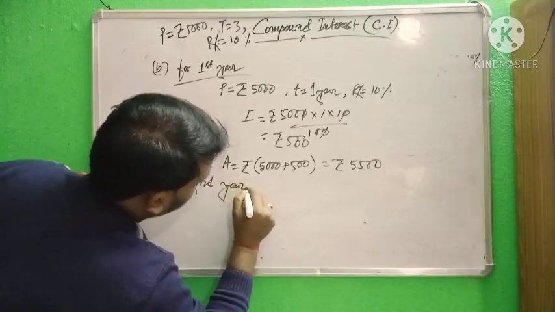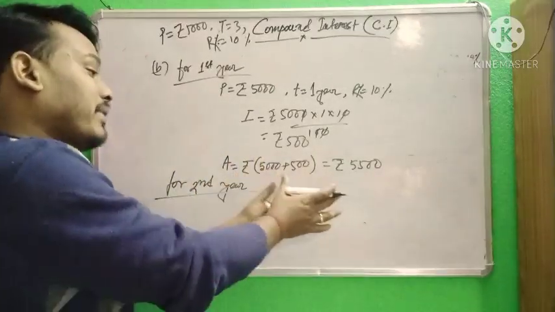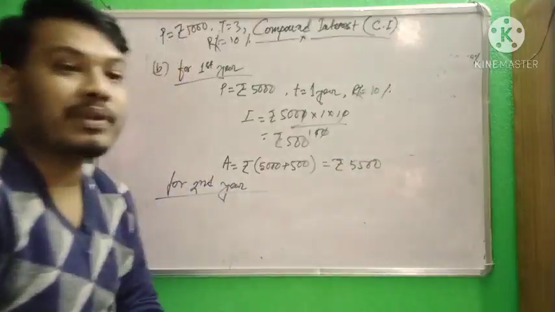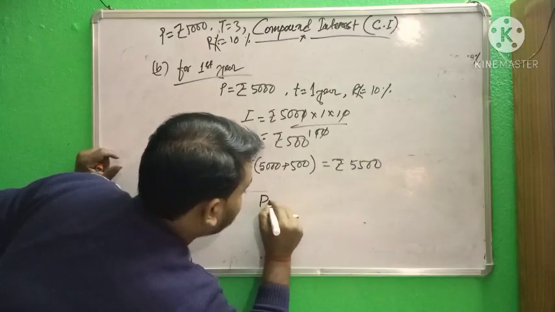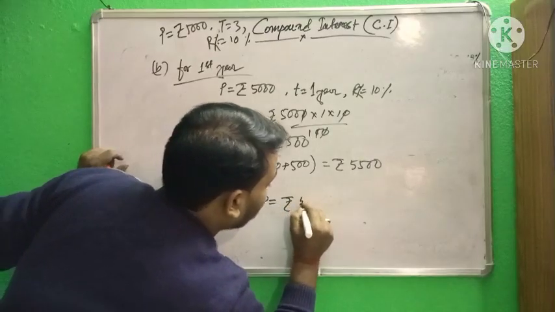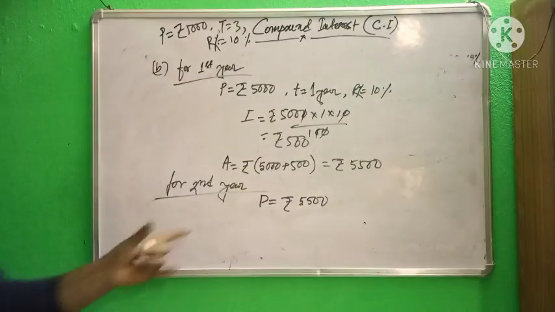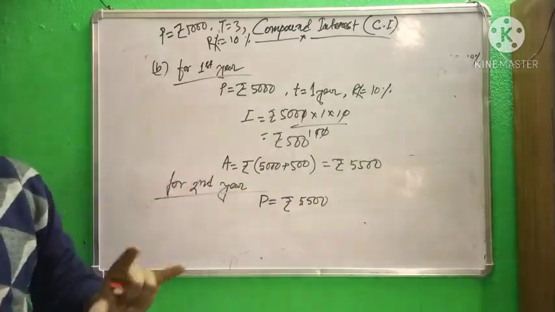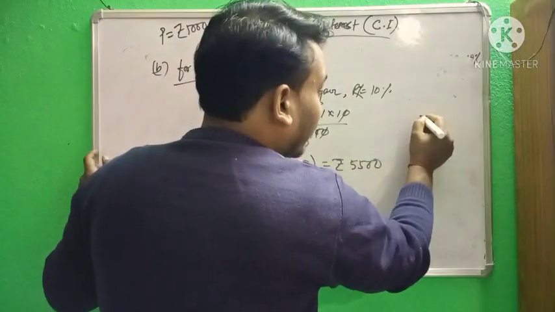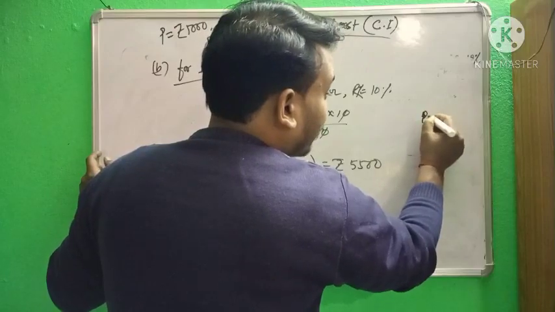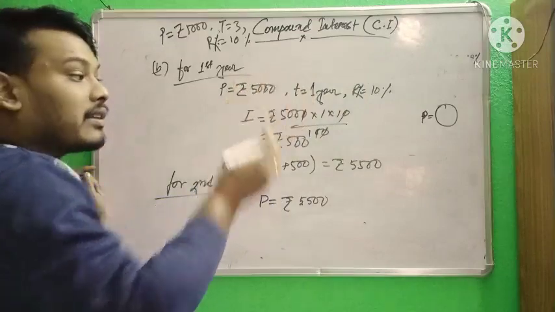For the second year, the man has 5500 rupees after 1 year, and for the second year the principal is the amount 5500. This is the difference between simple interest and compound interest.